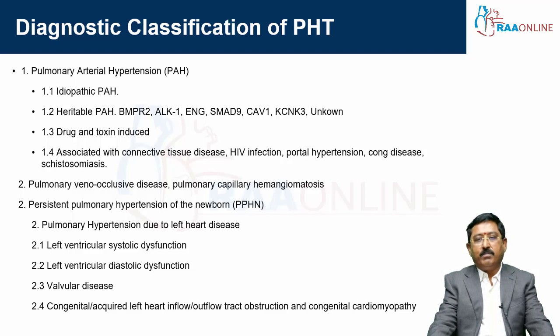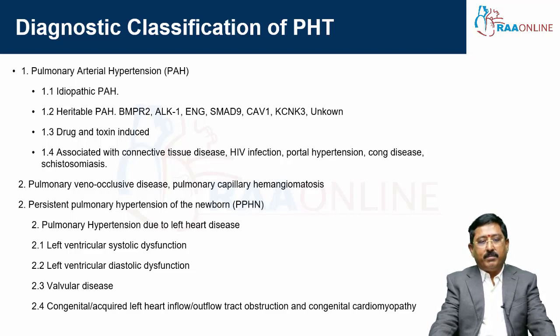In the limited form, the most common presentation itself will be pulmonary arterial hypertension. It may also be portal hypertension, congenital diseases, or schistosomiasis that present with pulmonary arterial hypertension. Pulmonary veno-occlusive disease or pulmonary capillary hemangiomatosis is also part of the classification.